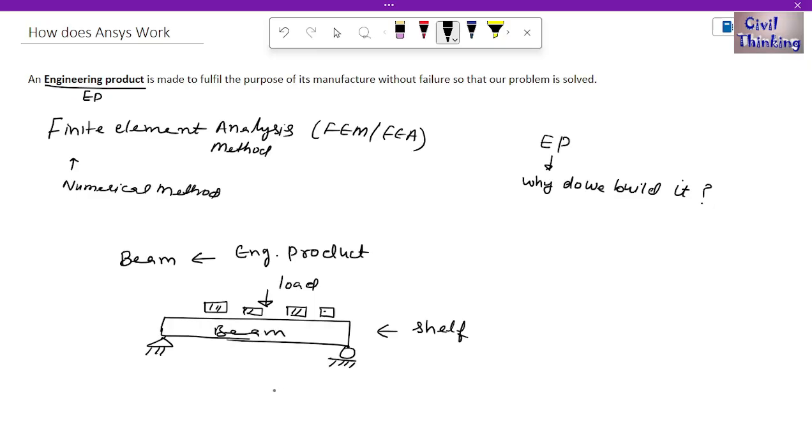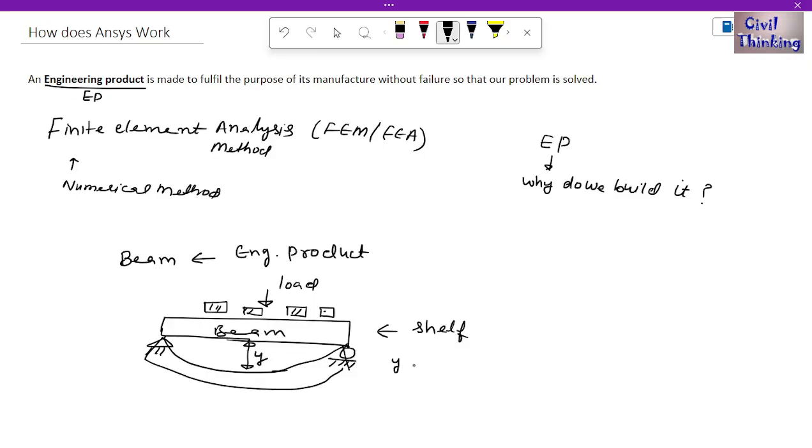Now we know when the load is applied, this load will try to deflect this beam like this. And if the load is more, it will deflect it like this. Let us say the deflection is y.